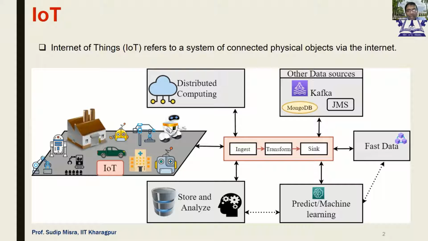So these are all candidate objects which can be interconnected, internetworked to form the Internet of Things. I think this is something that most of you are familiar with. So without spending too much time on it, let me just tell you that IoT has become very popular due to the large number of different types of use cases that IoT basically helps in rendering, right?